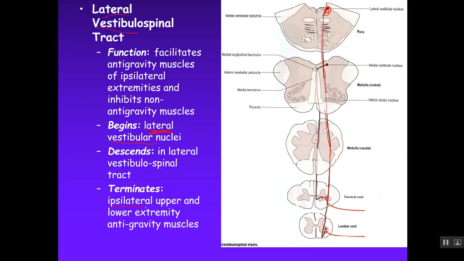So this is an ipsilateral tract, but it's not that critical to know that from a physical therapy standpoint, okay? Because I really want you to think about the function of these medial activating pathways as a group, more so than individually. I want you to understand where they start, where they terminate, at least once in your life.